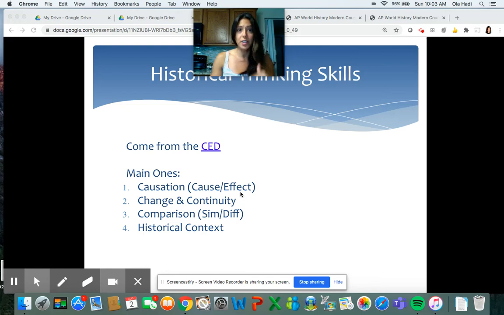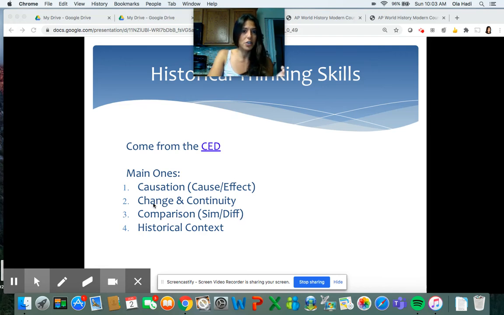When you do comparison, make sure you're comparing and contrasting regions, and contrasting means you're just looking for differences between regions primarily, although your teacher might allow you to do bigger things like religions.